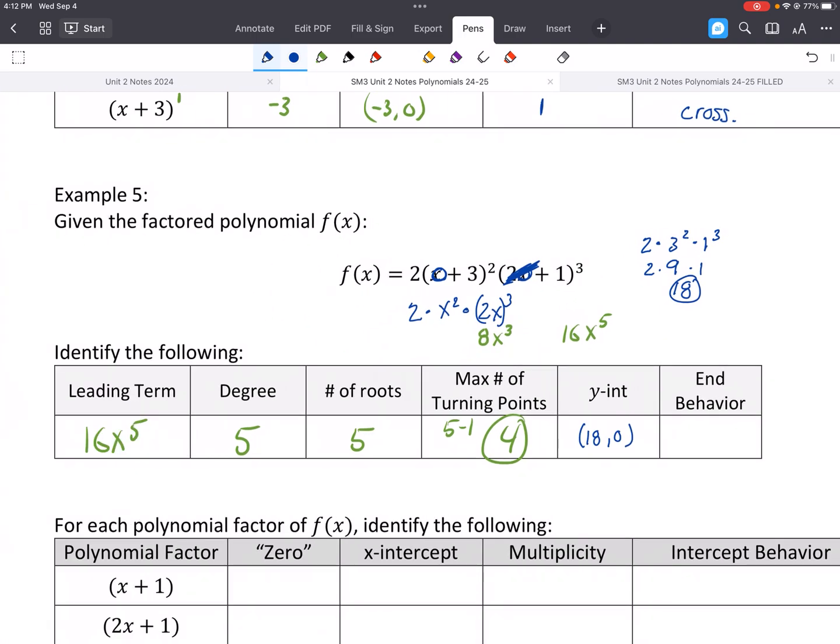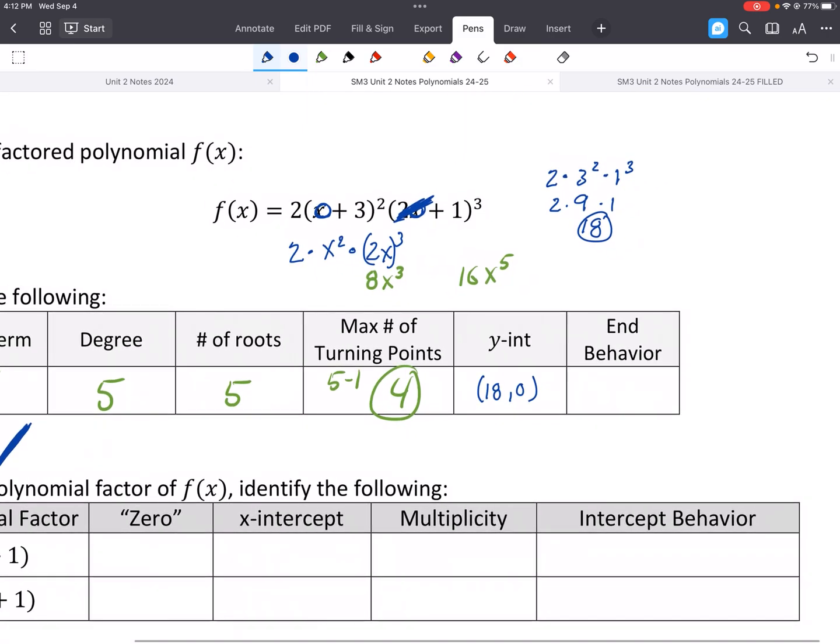And behavior, again, we're looking at the leading term, so it's positive, odd. So that's kind of like a linear equation going with positive slope. So it's going to go down and then up.